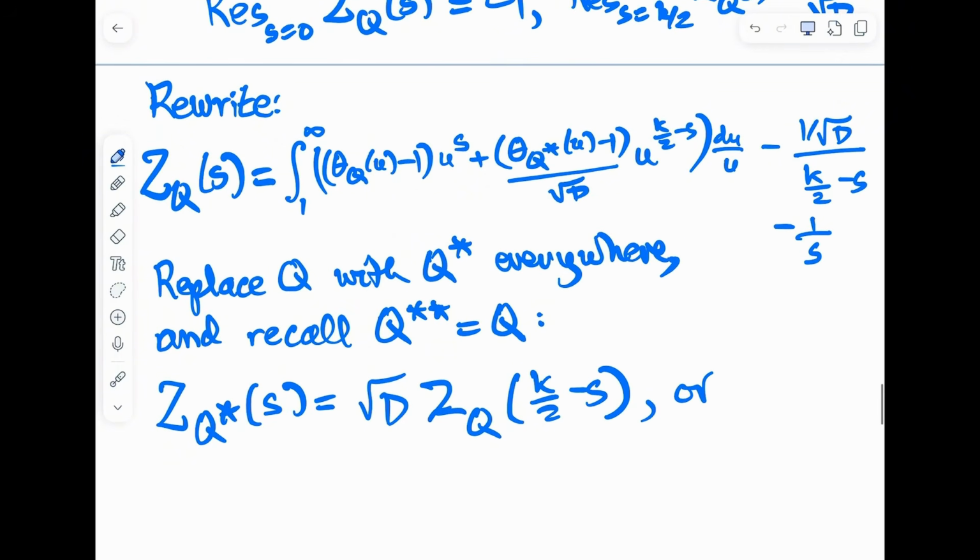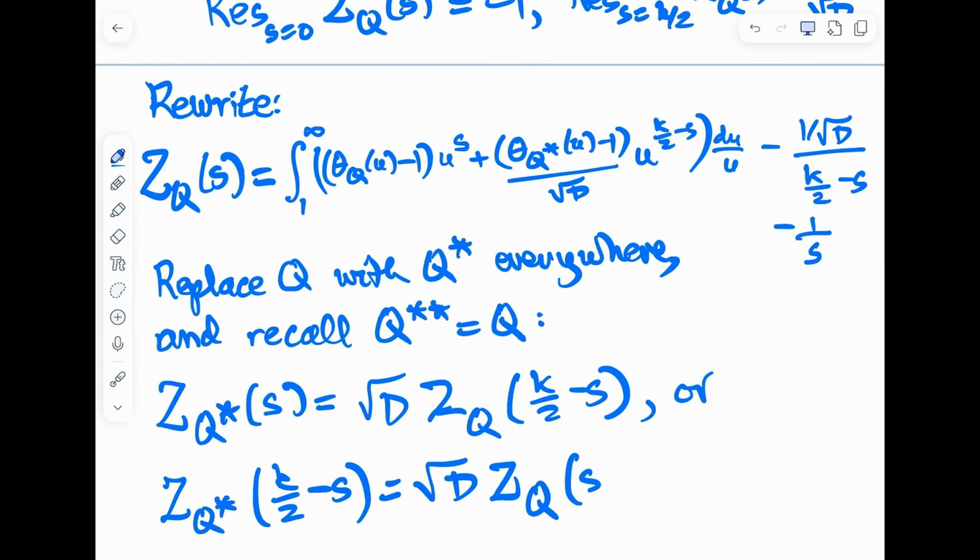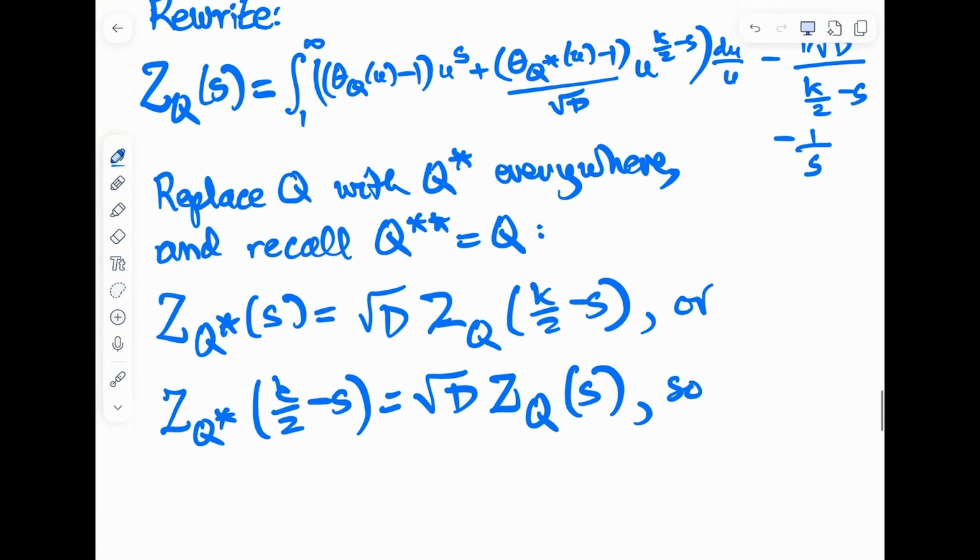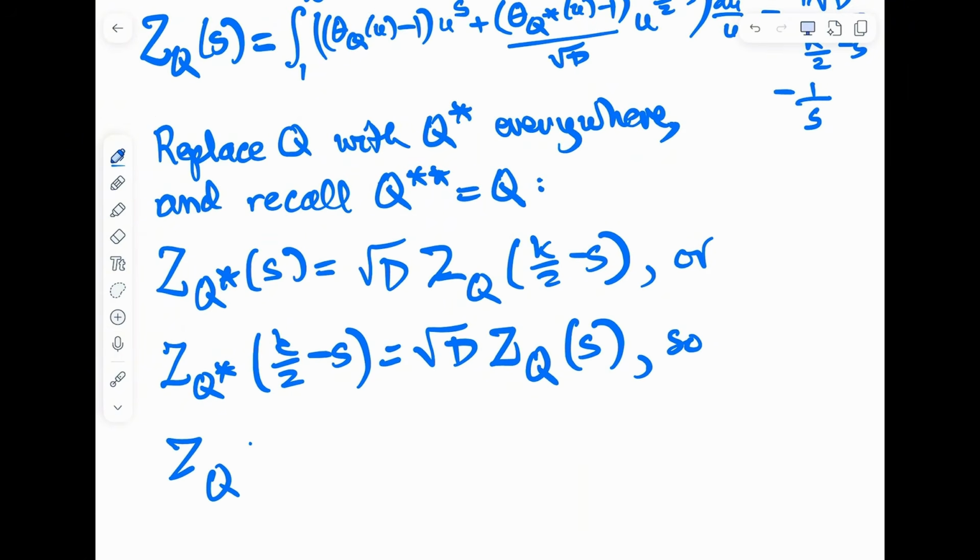You have to do a little bit of algebra here, mucking around with the factor of the square root of D for Z Q star. If you just replace s with k halves minus s, you get that. So anyway, you can solve for ZQ of s.